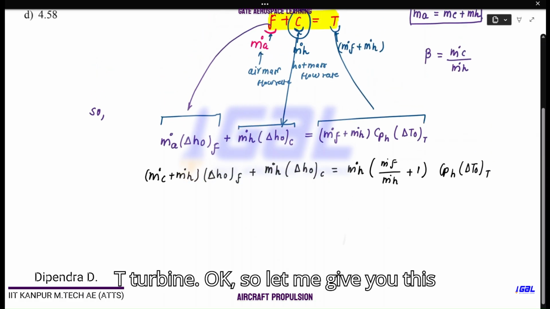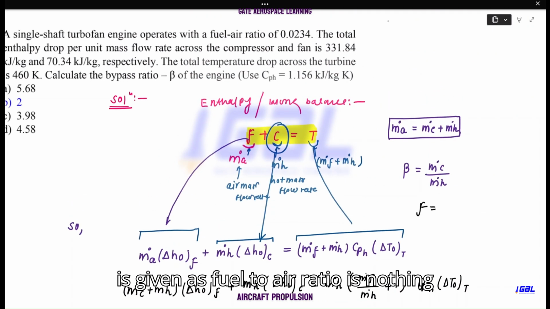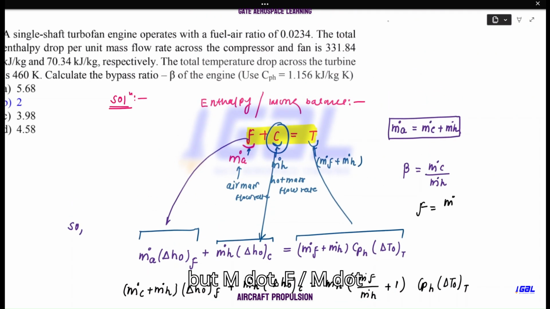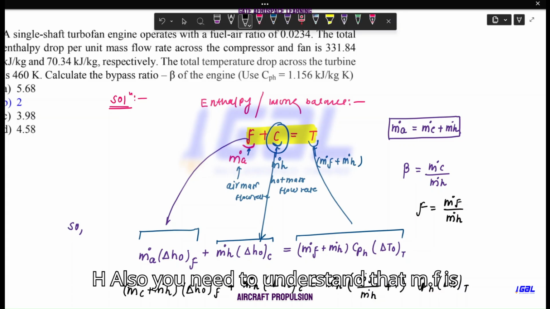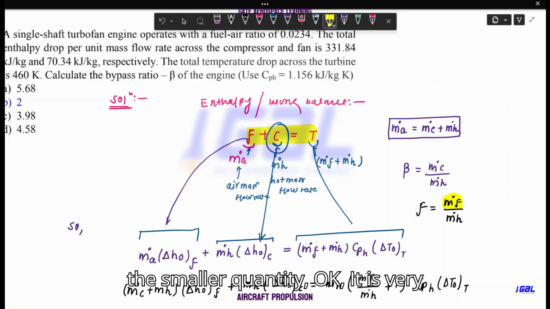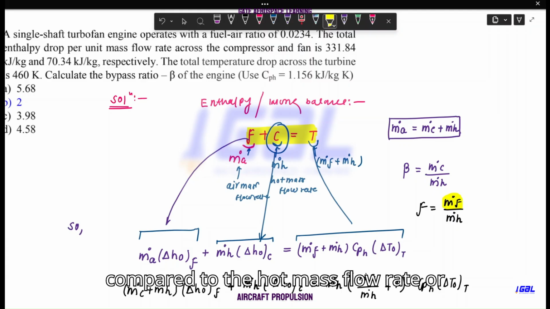So let me give you this as well. Your fuel to air ratio f is nothing but m dot f divided by m dot h. Also you need to understand that m dot f is the smaller quantity. Okay, it is very small. Fuel flow rate is very small compared to the hot mass flow rate or compared to the total flow rate.